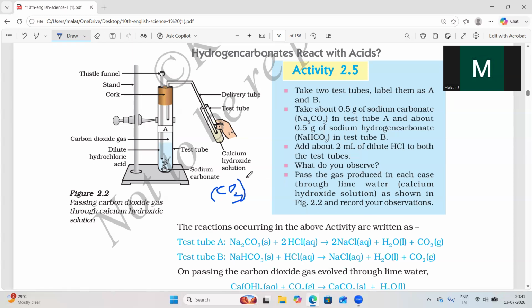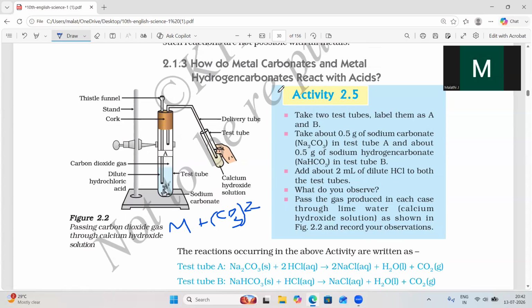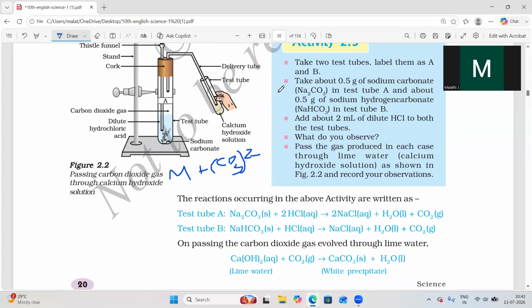That is the carbonate group, CO3 2 minus. So a metal carbonate is a metal with the carbonate group. Metal hydrogen carbonates, or metal bicarbonates, means a metal with the bicarbonate group, which we'll see with an example.